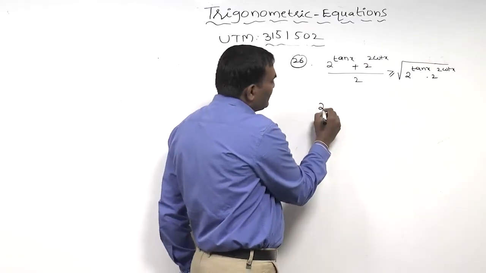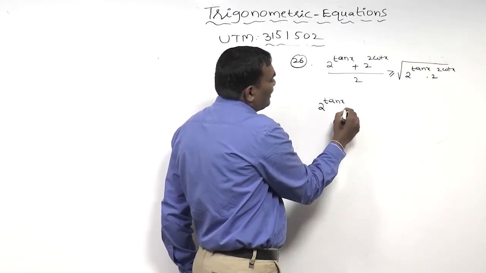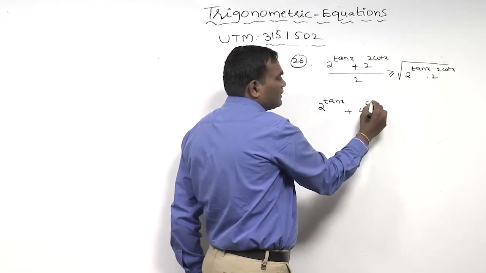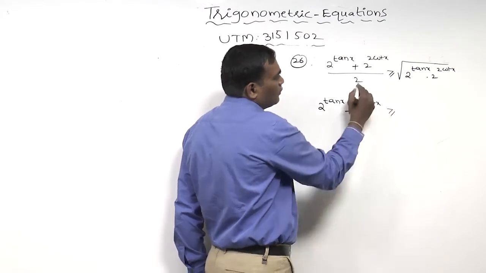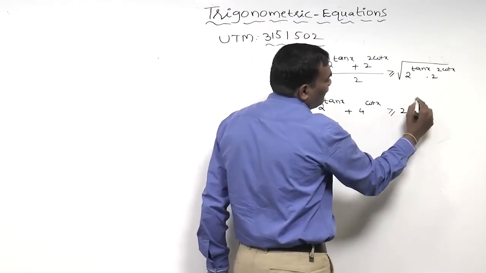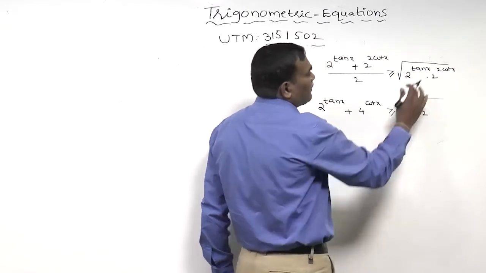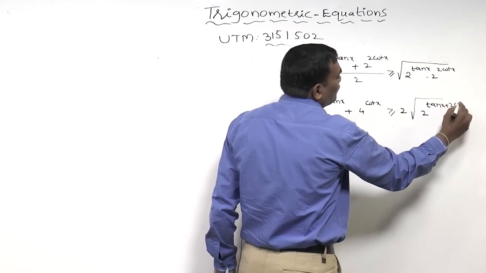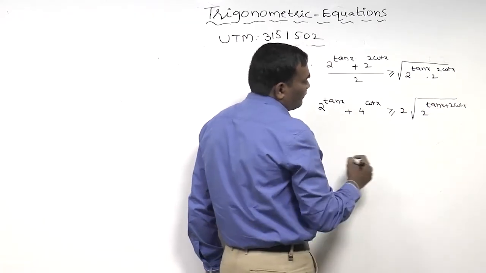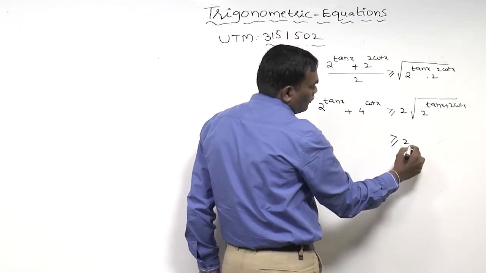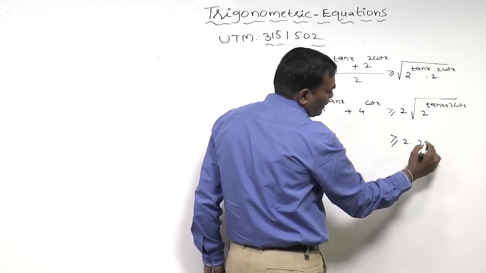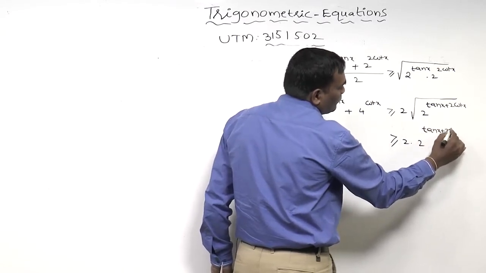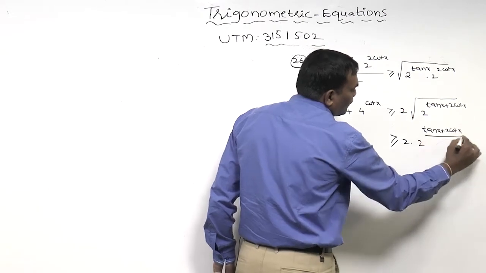So 2 power tan x plus 4 power cot x is greater than or equal to 2 into square root of 2 power (tan x plus 2 cot x), since bases are equal, powers are added. Remove the square root, we get 2 into 2 power (tan x plus 2 cot x) by 2.